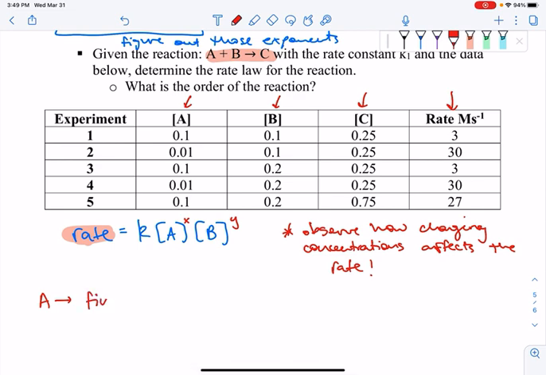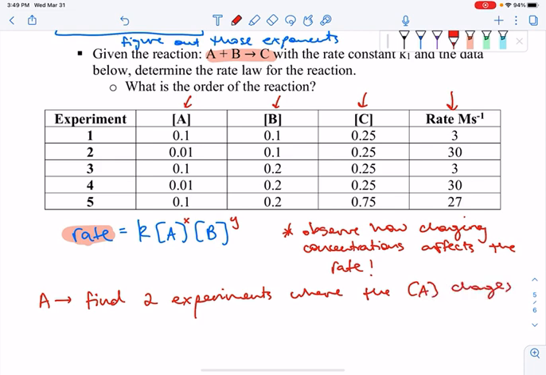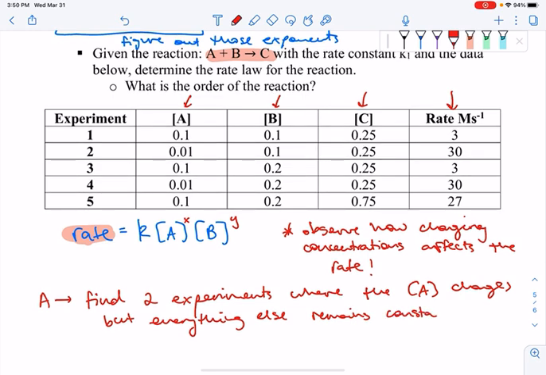So we want to find 2 experiments where the concentration of A changes, so we can see how that affects the rate, but everything else remains constant.